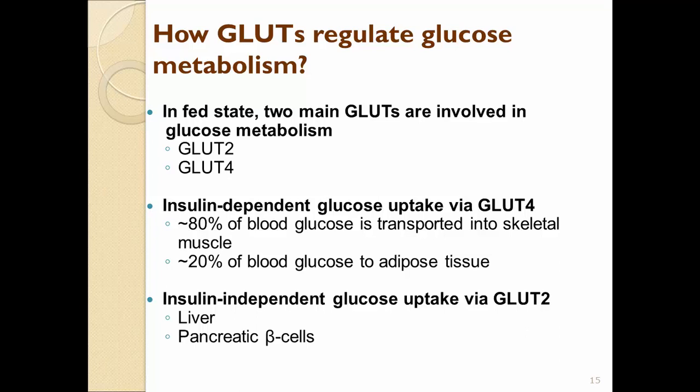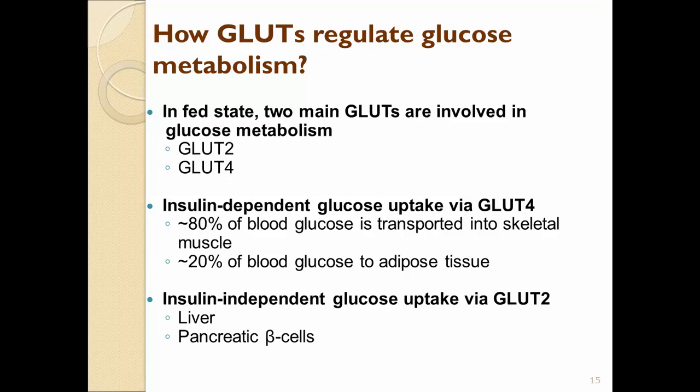Because of lower insulin, group 4 activity is lower in muscle and adipose tissue. So we have very low transport activities, right?